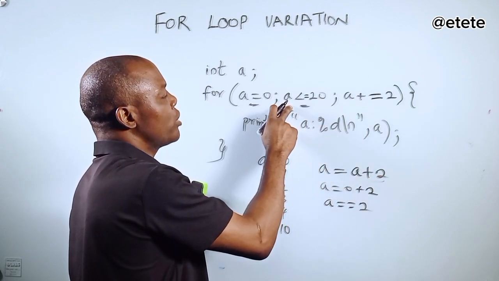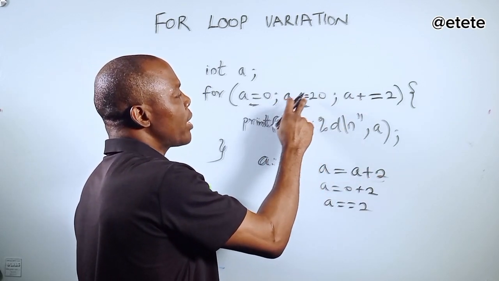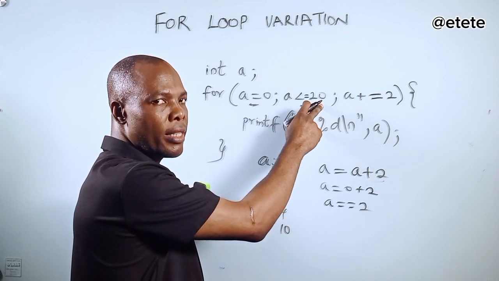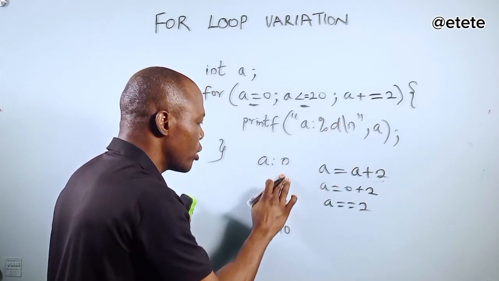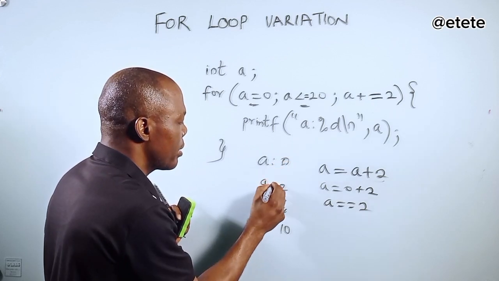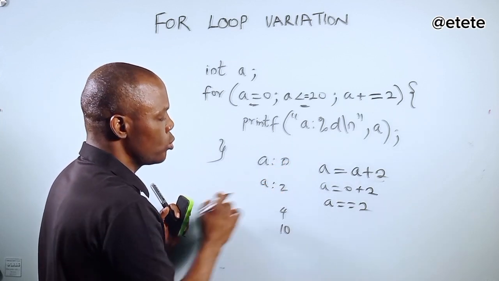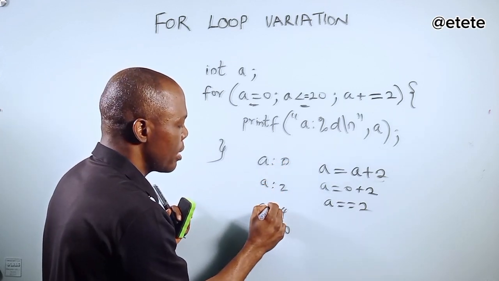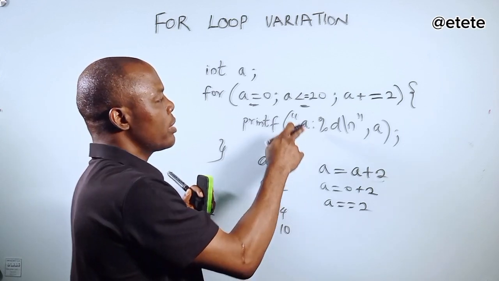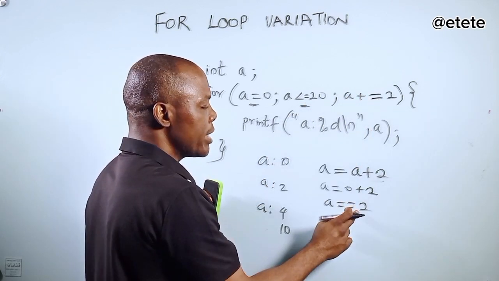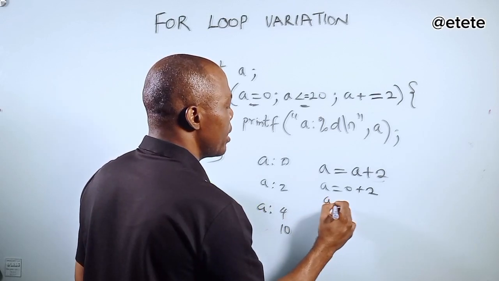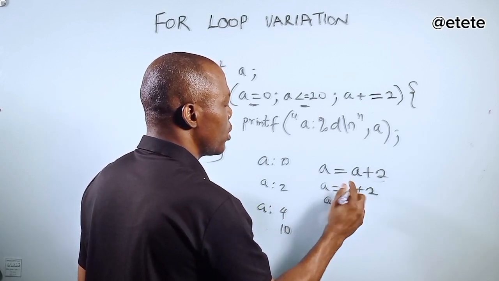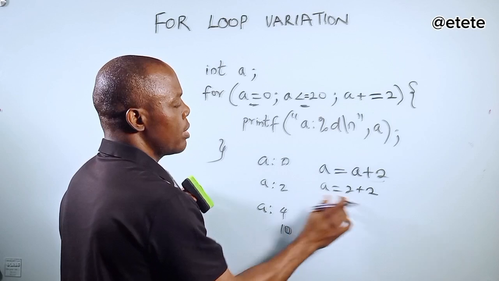Then it will come back here to check a less than or equals to 20. That is true because 2 is less than or equals to 20. It will go in and print out a. So it will print out 0, 2, 4, because in the increment, a is now 2, so a will be equals to 2 plus 2. That is 4.